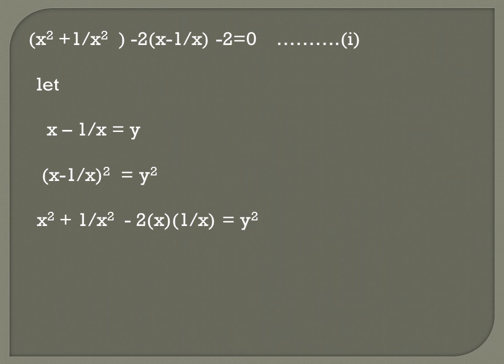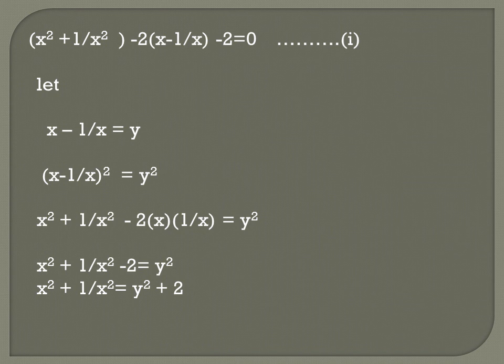In this equation, x is cancelled with x, so we are left with x square plus 1 over x square minus 2 is equal to y square. In the next statement, by taking the constant to the other side, we can write x square plus 1 over x square is equal to y square plus 2.